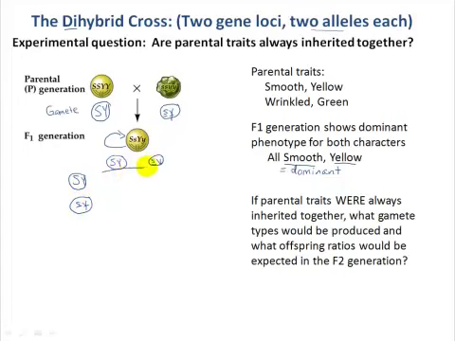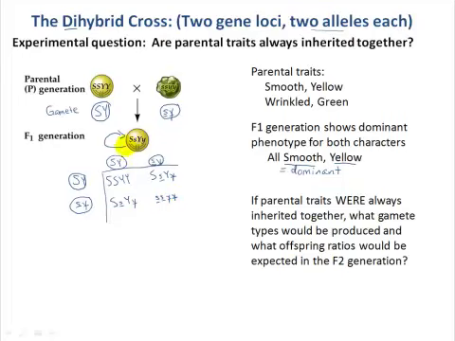We would expect to get in our Punnett square exactly the same ratio that we observed in the monohybrid cross, right? We would expect to see a 3-to-1 ratio of yellow smooth and green wrinkled. That's what we would expect.